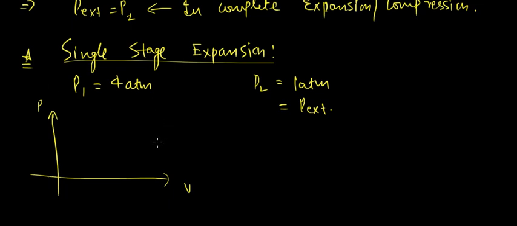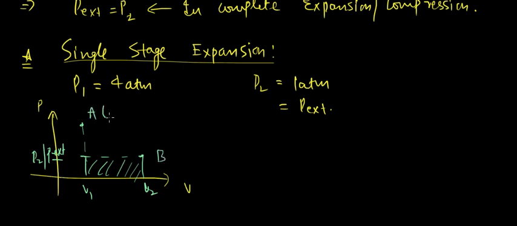So initial pressure was 4 atm, something like this, and then it was dropped to 1 atm. Okay, so external pressure was this P2 or P external. So from 4 it drops to 1, and then it expands from V1 to V2. So A point to B point, A point is P1 V1 and B point is P2 V2.